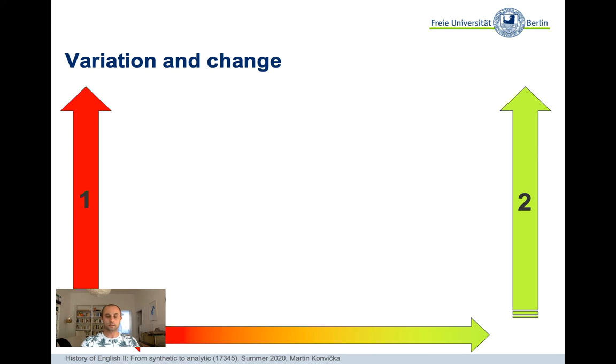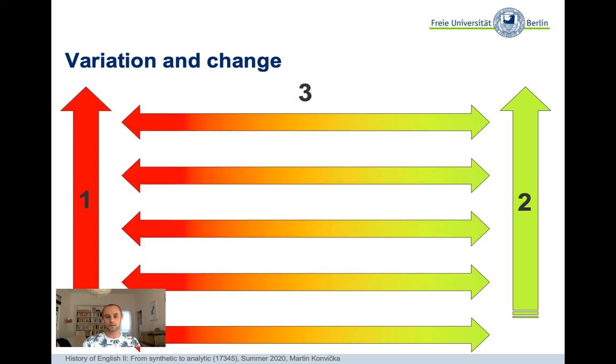But there is also another option that can happen, right? And this would be that simply this variation, the fact that you have two different ways of pronouncing things depending on the context, can also be retained. It doesn't necessarily happen that one wins and the other variant loses.